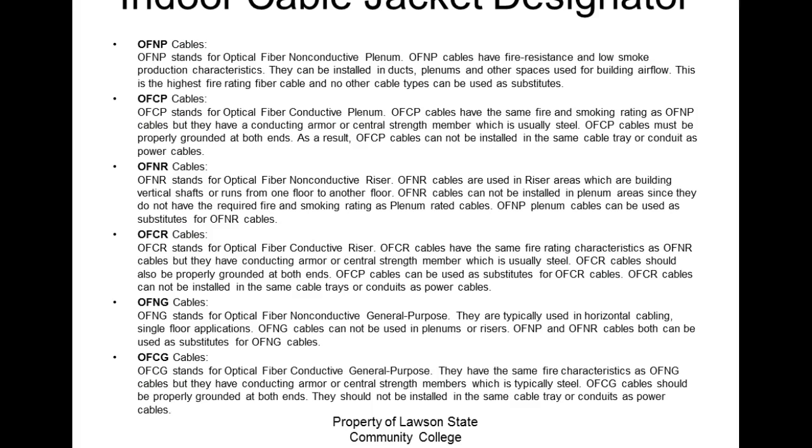These are the designators on the jacket. I'll see if I can find a piece of jacket that's got all these designators on there. So this is OFNR. These are all tangled up. Black Box Corporation. So this is the information that we're going to find printed on the outside jacket.